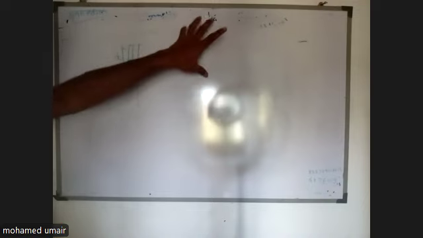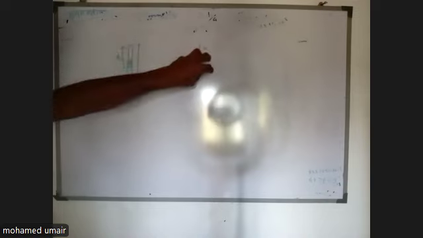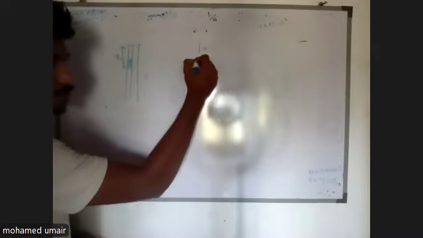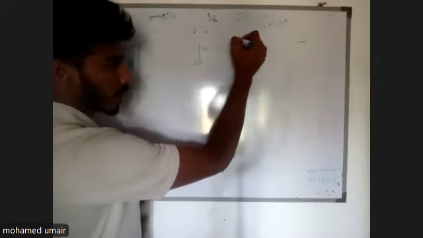If I repeat, I am making oscillation from this end, so the length of the string is x. I am comparing it with a simple pendulum. Now, if we measure the periodic time, they are saying it is t.